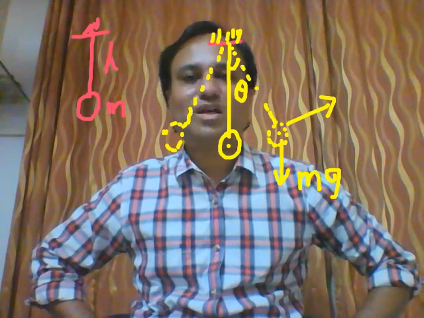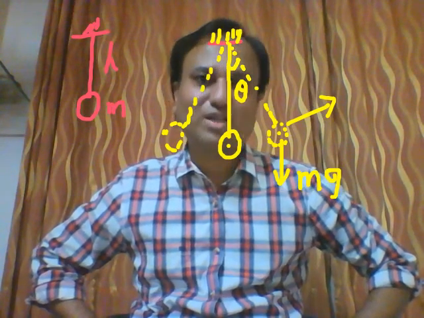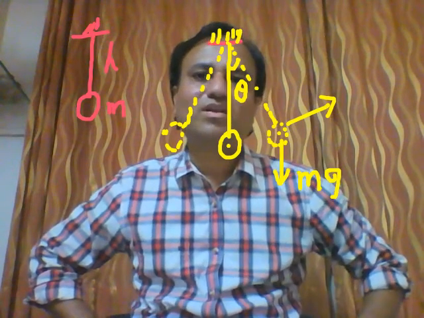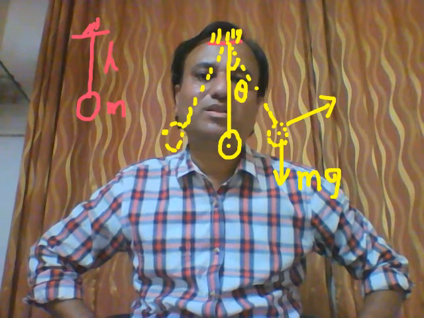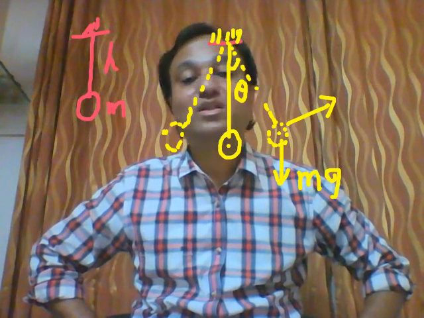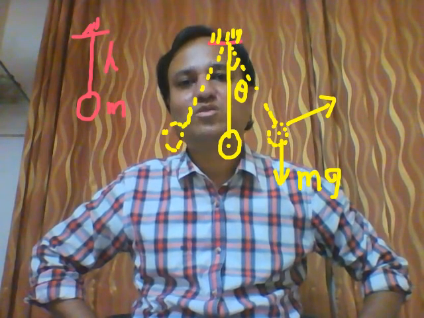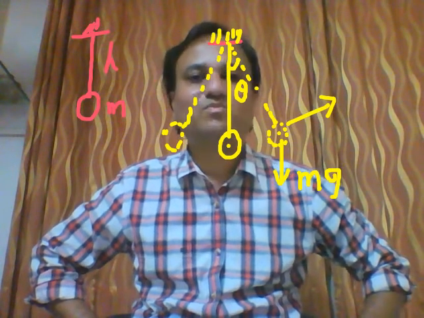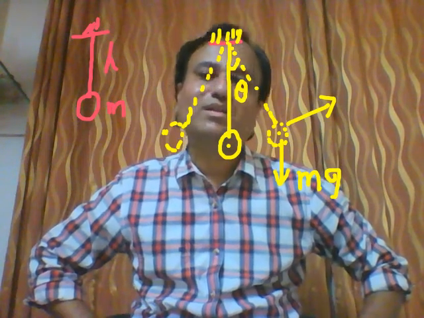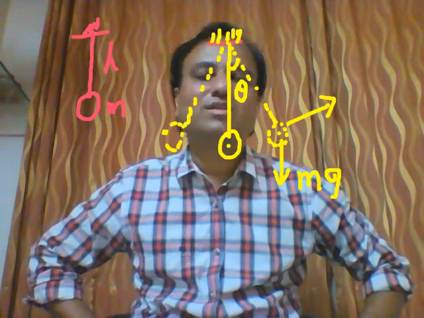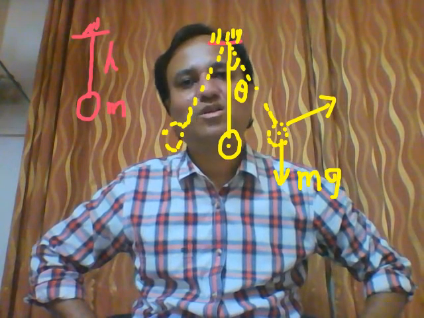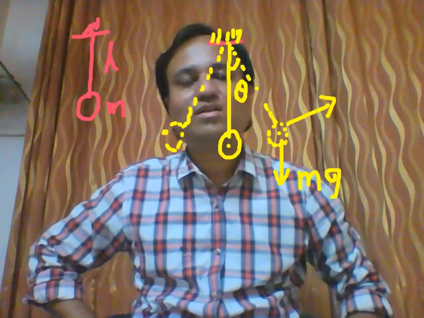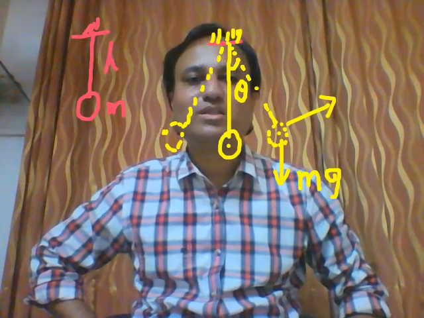One force I have noted is the driving force, vertically downward, that is mg. In physics you have done the FBD of a simple pendulum. Which forces act on the bob at the displaced position? Then you can use the energy method or Newton method to calculate the natural frequency.